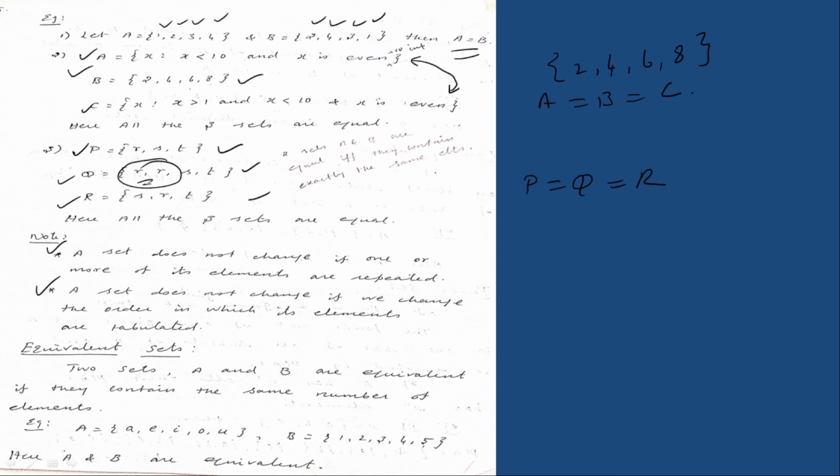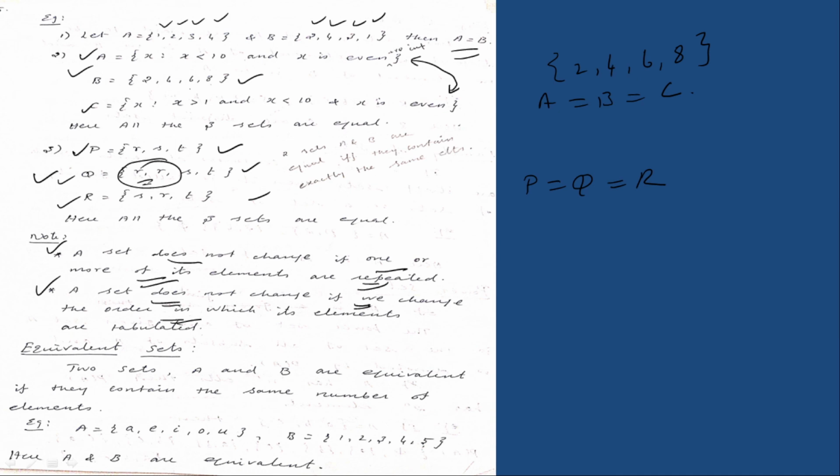Here are two important points you have to know. First, a set doesn't change if one or more of its elements are repeated. This is for the set Q. If one or more elements of the set are repeated more than once, definitely the set doesn't change. The second one, a set doesn't change if we change the order.